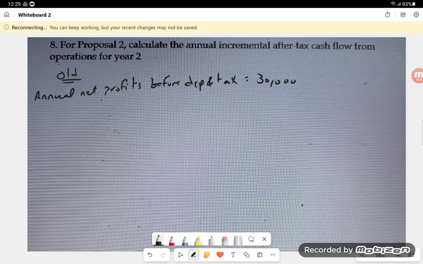So as a first step, we have to find the annual net flow after depreciation and before tax.